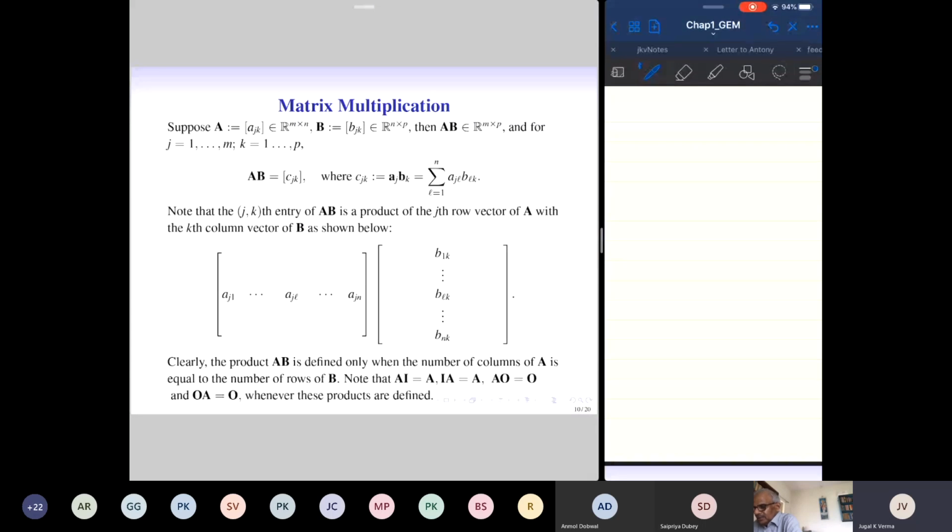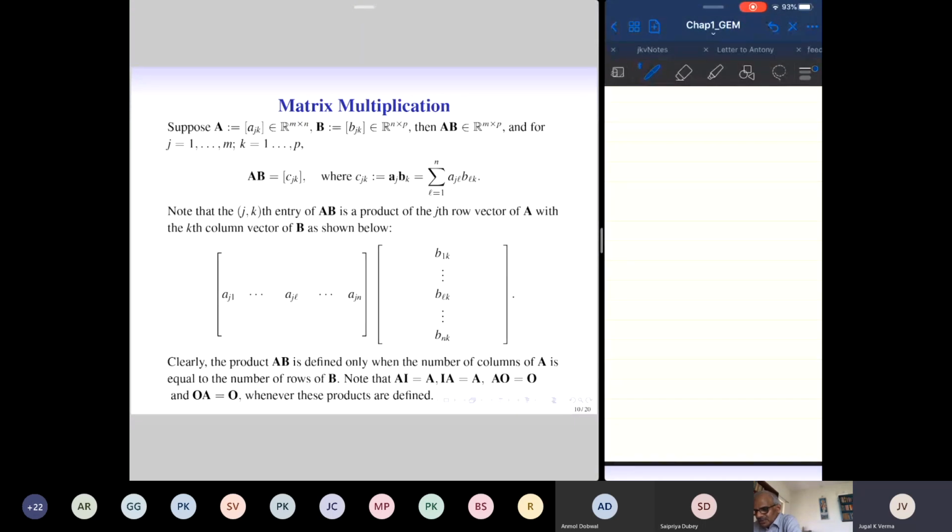Okay. Using this definition, you can check that if I have A, m by n, and I take an n by n identity matrix and multiply on the right, I get A. Similarly, if I take the m by m identity matrix I and multiply on the left of A, I get A. A times the 0 matrix, whenever the product is defined, is going to be the 0 matrix.